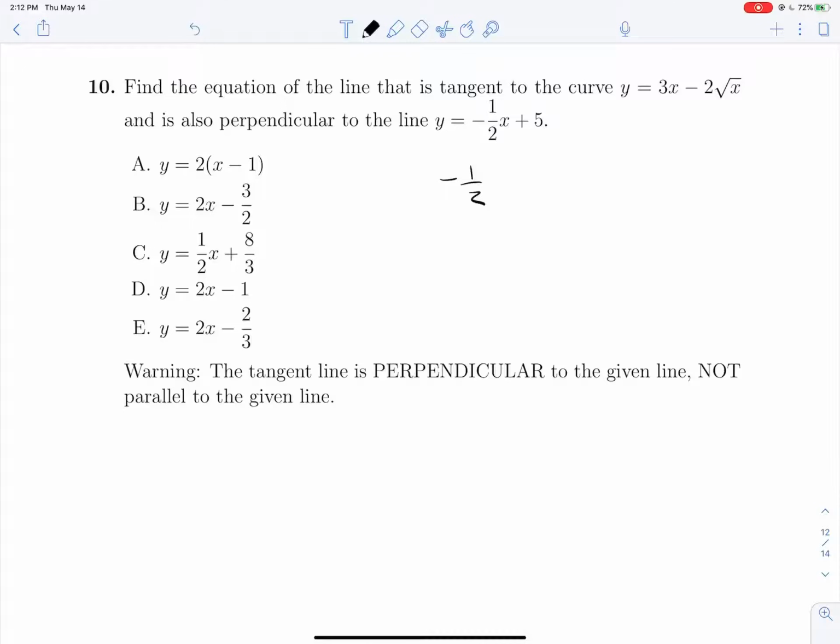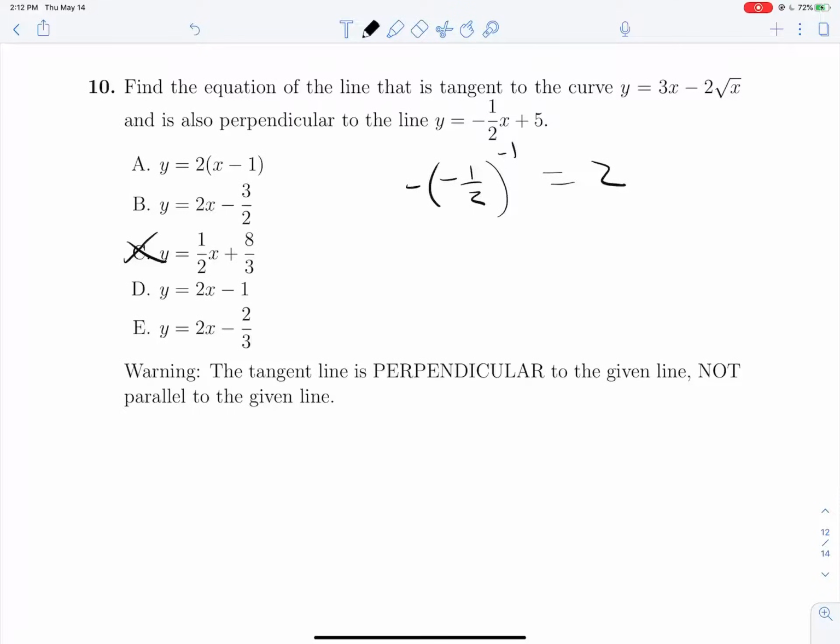And if we want the slope of the line perpendicular, we have to take the opposite reciprocal of that. So we will negate this and raise it to the -1 power, and we end up with just 2. Okay, so we know that our line, in the end, has to have a slope of 2. That lets us get rid of option C, but not really anything else just yet.